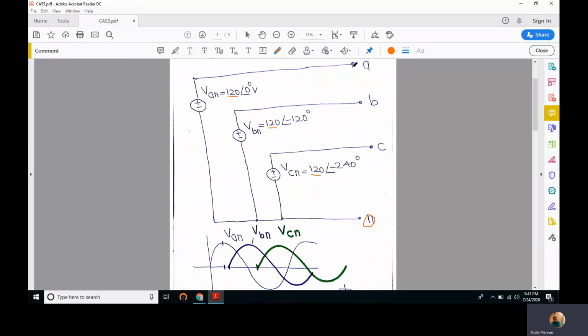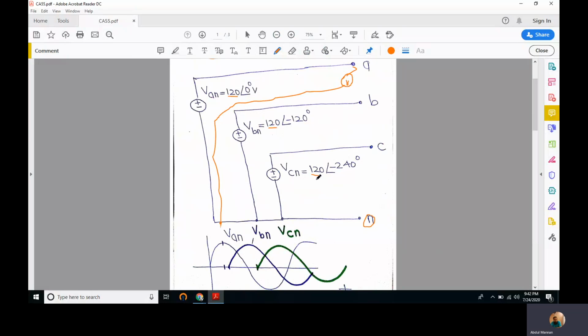So this VAN is measured by putting a voltage measuring device between terminal A and neutral. Similarly, VBN is measured between B and N, and VCN is between C and N. So all these three voltages are the same in magnitude, not necessarily 120.